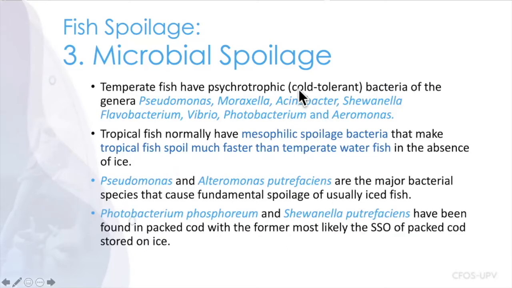So for cold tolerant fish, no, or yung fishes that were collected from temperate water, the genera that are present in the fish are this one, while for fishes that have been collected from tropical waters have mesophilic spoilage bacteria, and that make the tropical fish spoil much faster than temperate water fish.